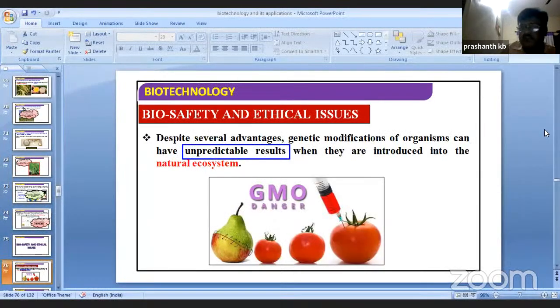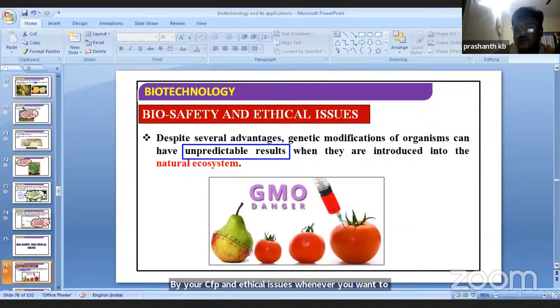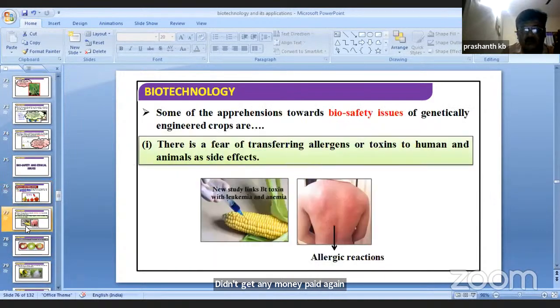Now, biosafety and ethical issues. Whenever you want to release any genetically modified organism, you should take permission from the CBSE. See, these are all allergic reactions.